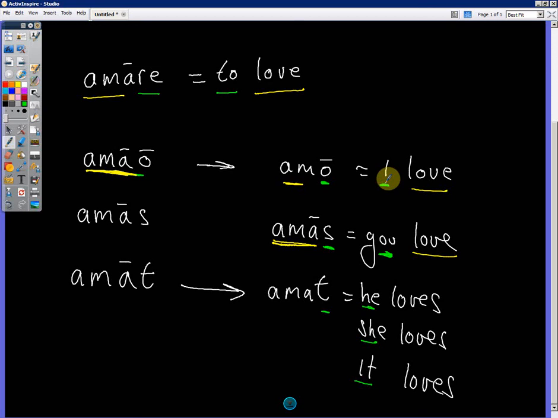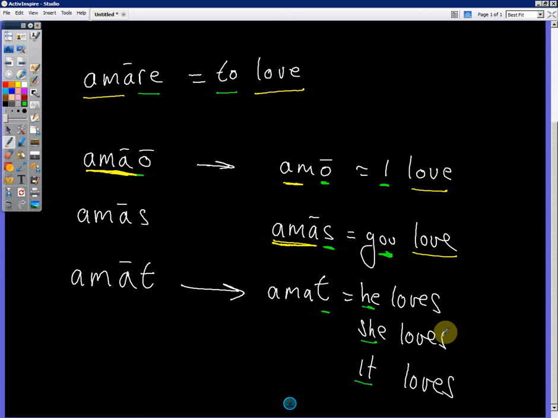It's amo, I love. Amas, you love. Amat, he loves, or she loves, or it loves. Notice the changes. Okay, notice the changes first of all in the English. It's love, and then for this he, she, it, English puts an S on the end. Okay, in Latin we've got the basic stem ama.